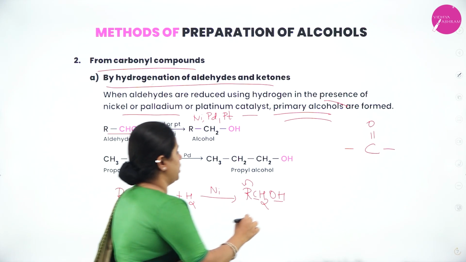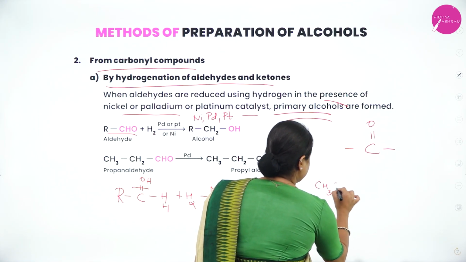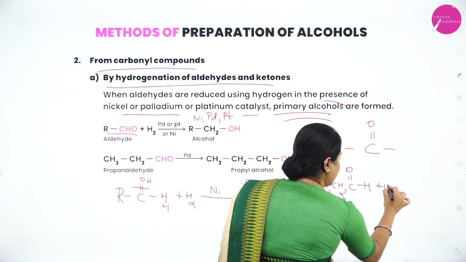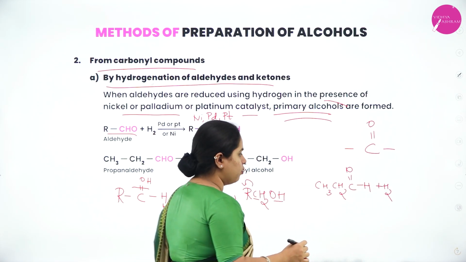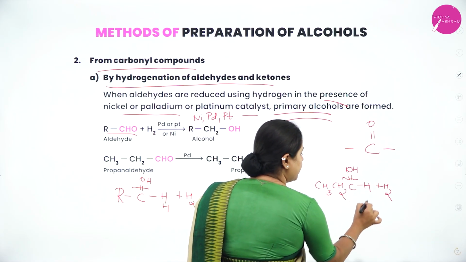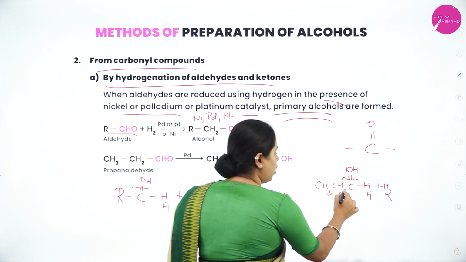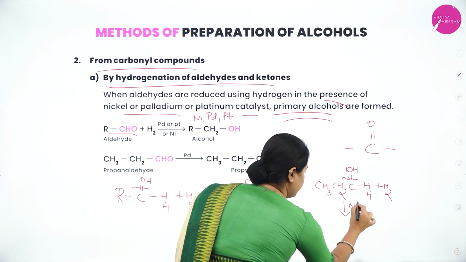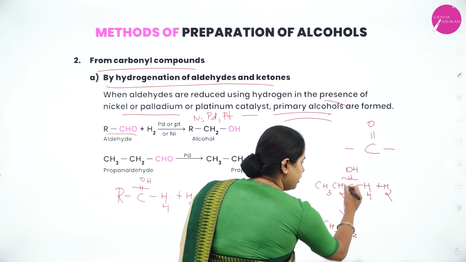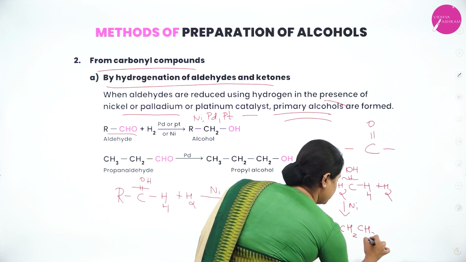Another example is shown here, that is CH3, CH2, C double bond O H. Again we are adding hydrogen in the presence of nickel. What happens again? This bond will be broken, one hydrogen will be added here, one hydrogen will be added here. So what are you going to get? In the presence of nickel, you are going to get CH3, CH2, and one more CH2 is here, right?